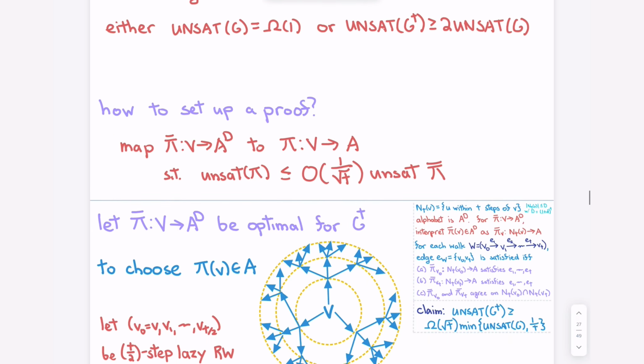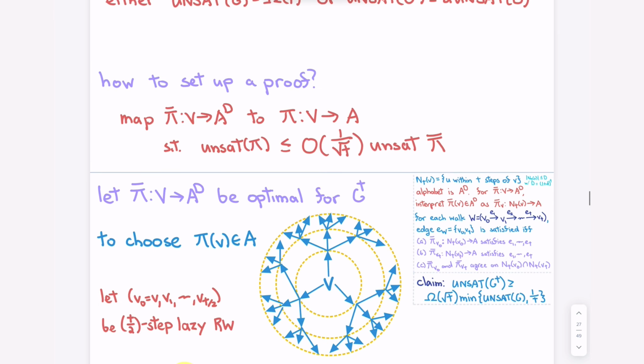So here's what we'll do. Okay, so we start with this optimal labeling in the lifted space, and now we want to choose a label for a vertex v. So in general, all these vertices around it have opinions of v, right? You don't really know which one to choose, but you could take a popular vote, right?